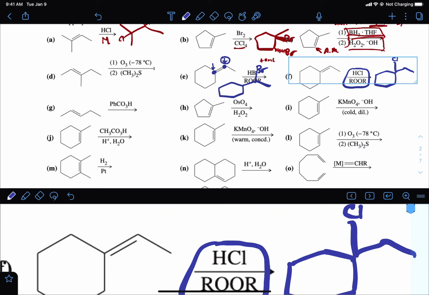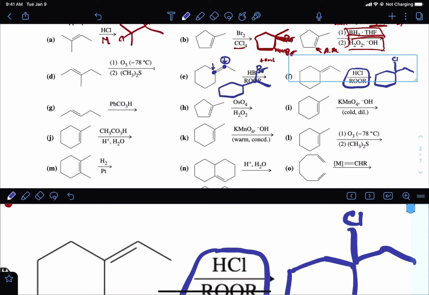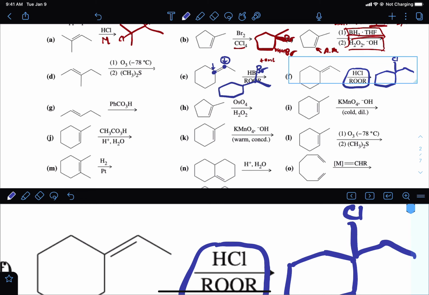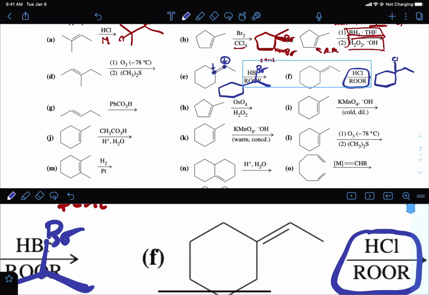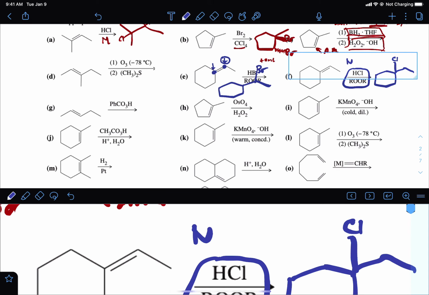So that's a mean trick. It's basically the chlorine radical is too reactive, and so it jumps right where it wants to be instead of being patient like the bromine is. Okay, so this is not anti-Markovnikov, and that should be covered in your textbook.